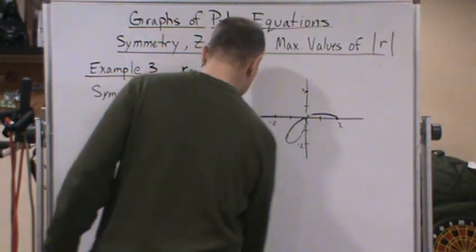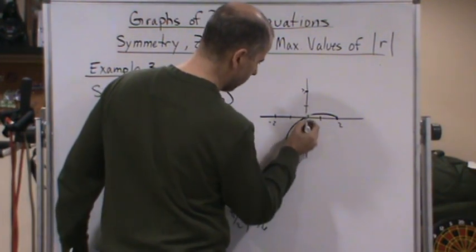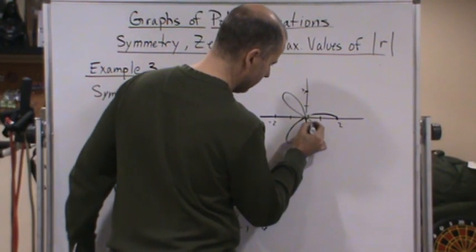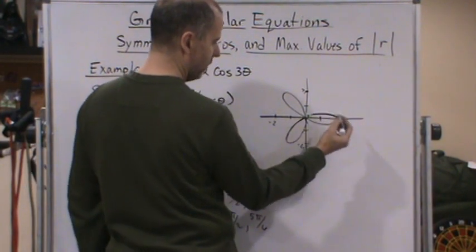If you go down like this, it's going to go through here, like so. There we go, like that. And we're going to get something like this. So we get this rose kind of shape.